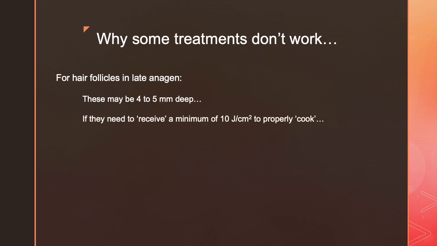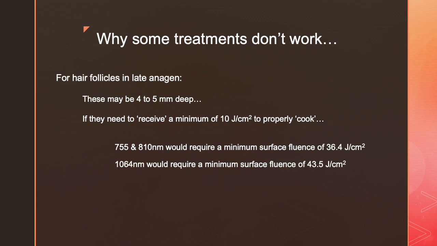If they were to receive, let's say, a minimum of 10 joules per square centimetre to properly cook all the proteins, then these calculations reveal that with the 755 and 810 nanometer beams, we would need a minimum surface fluence of 36.4 joules per square centimetre. With the 1064 YAG beam, you would need a minimum surface fluence of 43.5 joules per square centimetre. And these are the fluences you would need at the skin surface just to be sure that 10 joules per square centimetre reach the depth of 4 millimetres, where some of these targets will definitely be located.